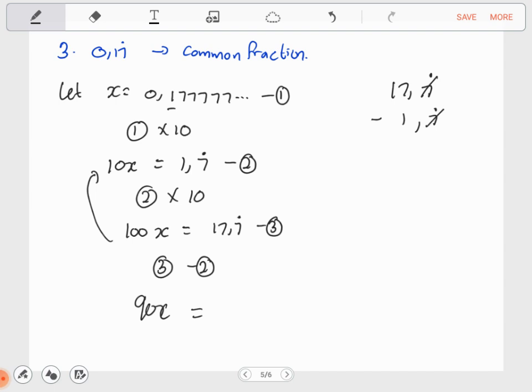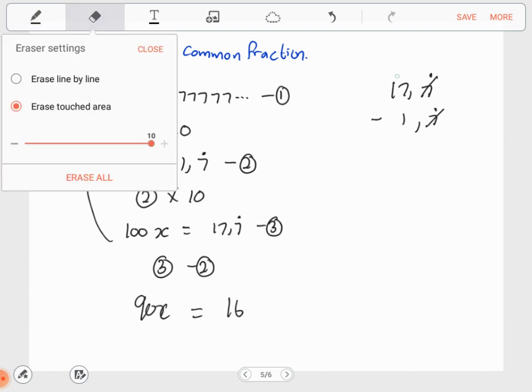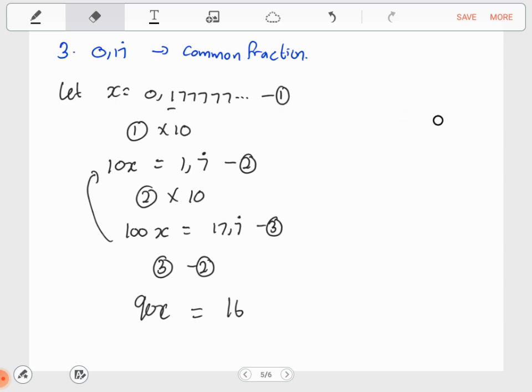And 17 subtract 1 is 16. Alright, so we got 90x equals 16. So we're going to solve for x. x equals 16 over 90. And that's 8 over 45.